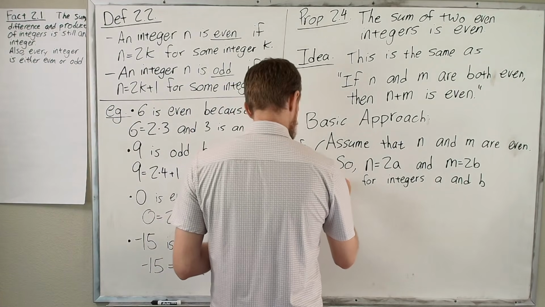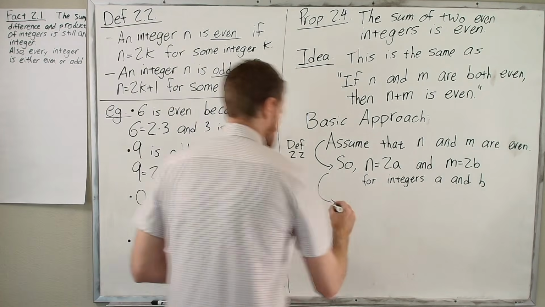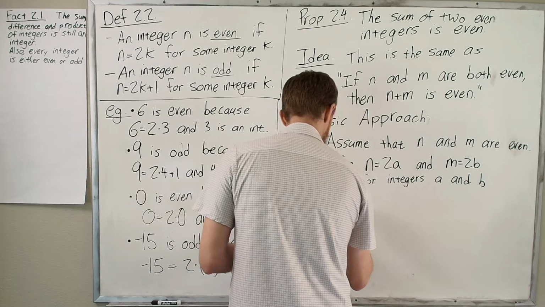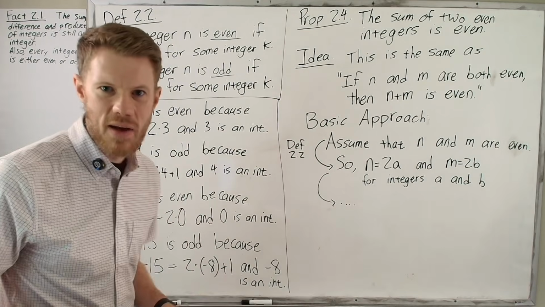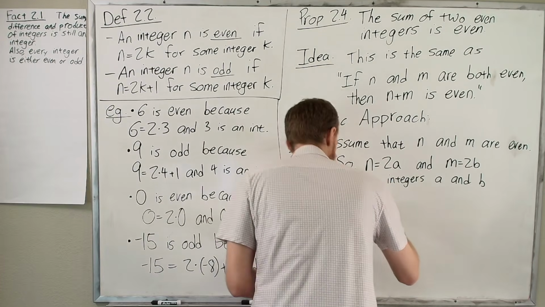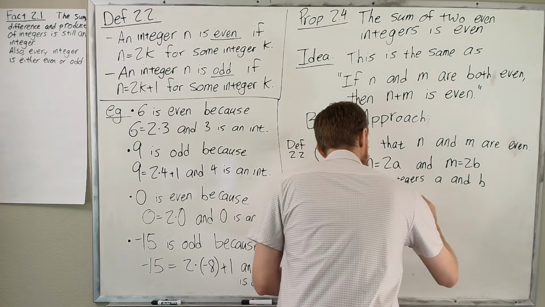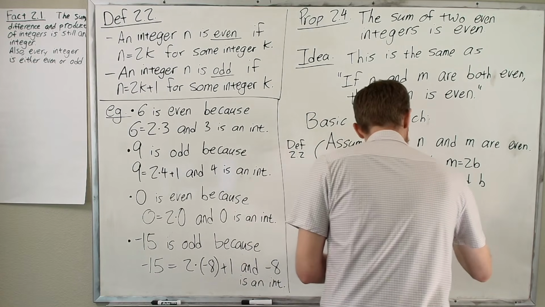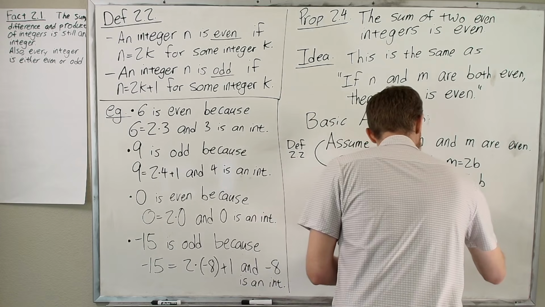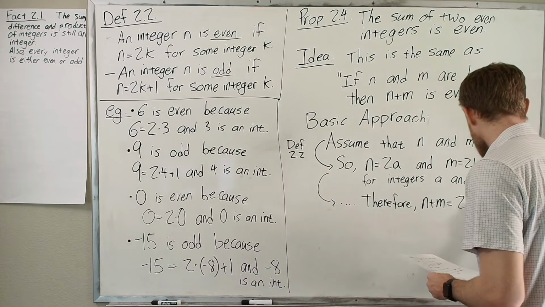And then somehow we have to reach the point, since our goal is to show that n plus m is even. Therefore, n plus m equals 2, maybe I'll use k here.